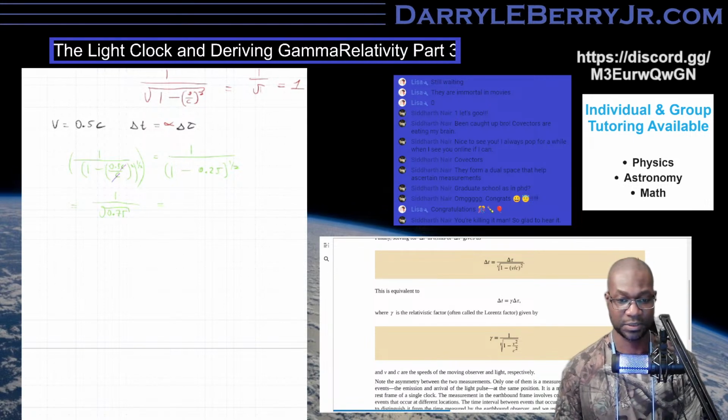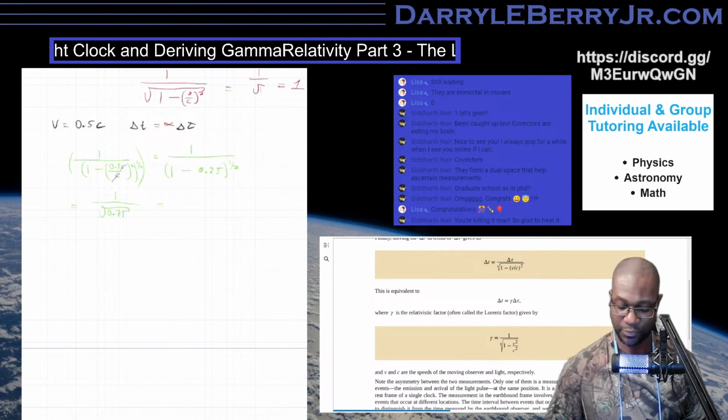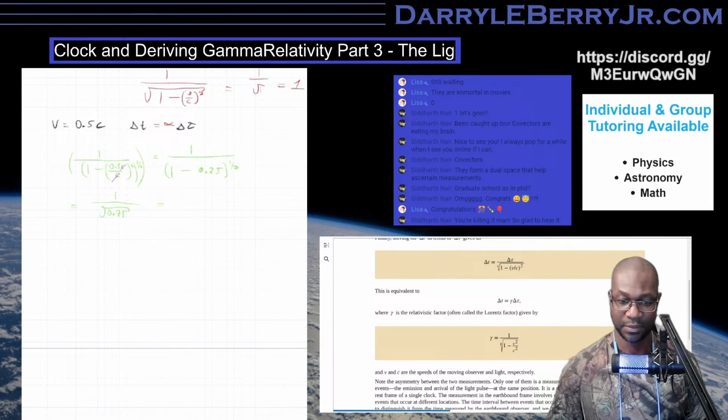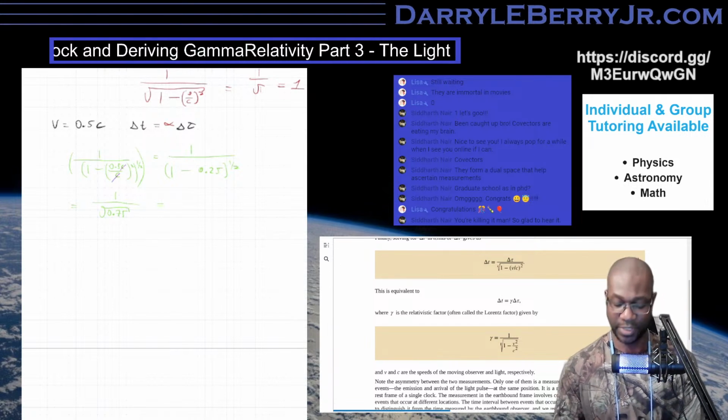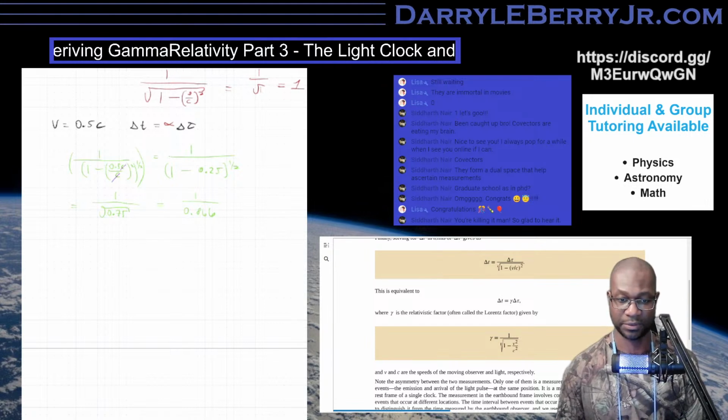Let's see what the square root of 0.75 is. That's 1 divided by 0.866, which is a good rounding.